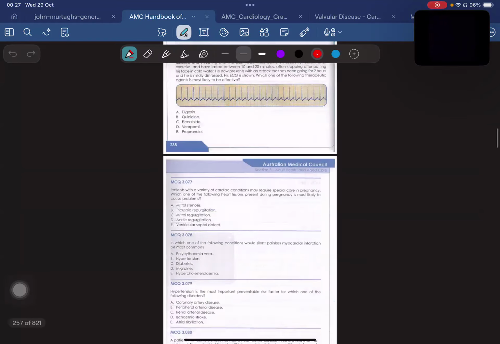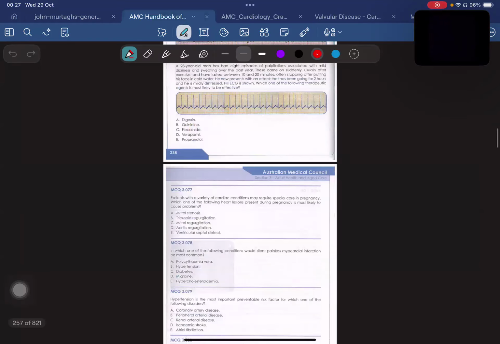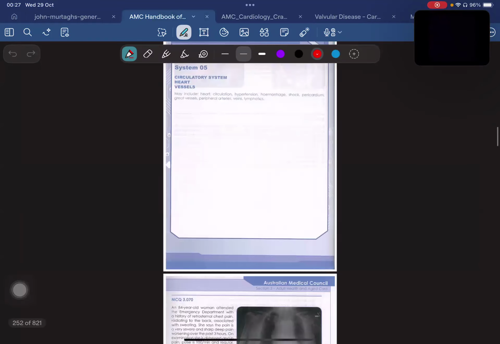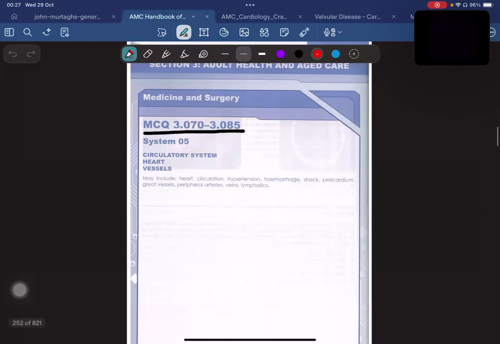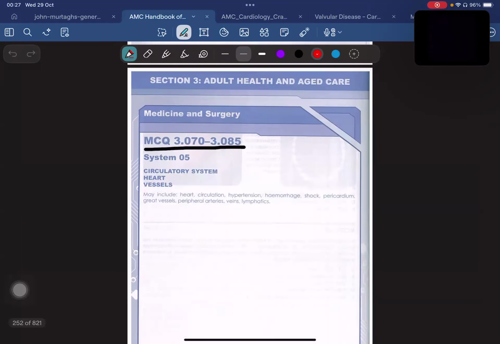With that being said, I think I showed you all how to use the AMC MCQ handbook. So try to do those questions before this Saturday as well. They are on page 252. If anybody couldn't take a screenshot of this, try to take one, because it's from 3.70 to 3.85. That's just 15 questions. Try to do those cardiology questions.